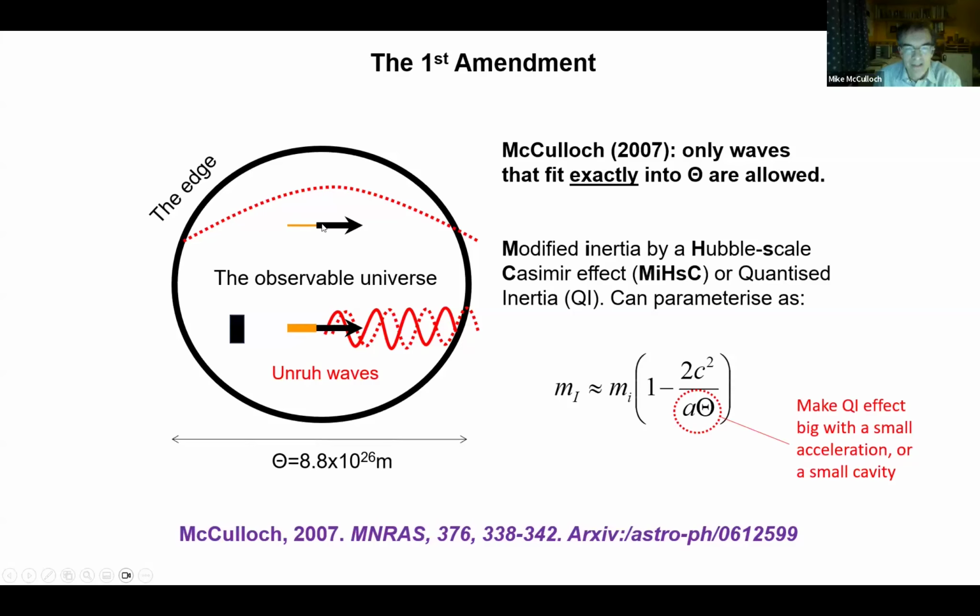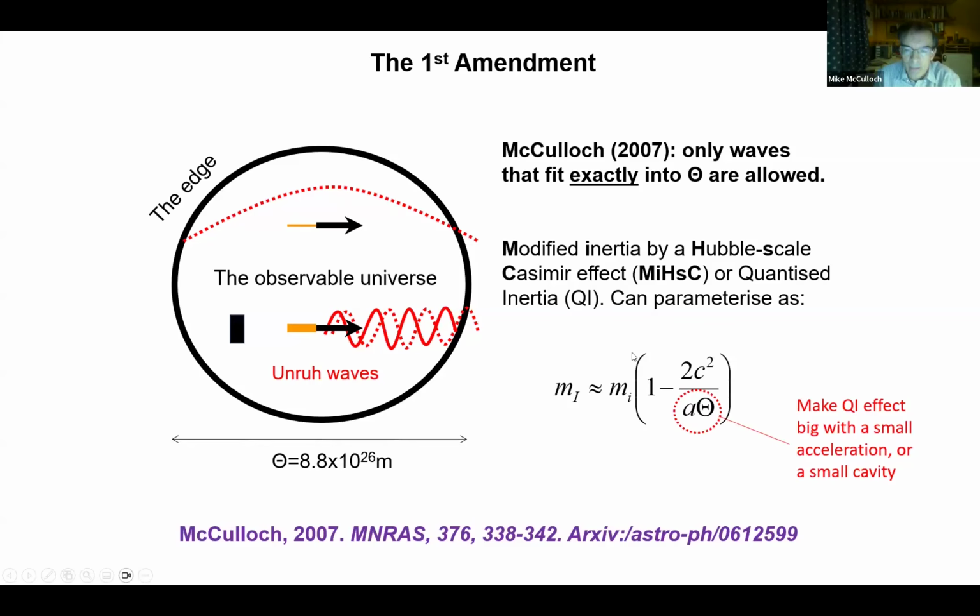But if the rocket has an extremely low acceleration, then the Unruh waves will be very long. And if it's low enough, they'll be bigger than the size of the cosmos. So they will be, in principle, unobservable. So that means they can't be seen. And if something can't be seen, then I'm assuming it doesn't exist. If it can't be detected, it doesn't exist.